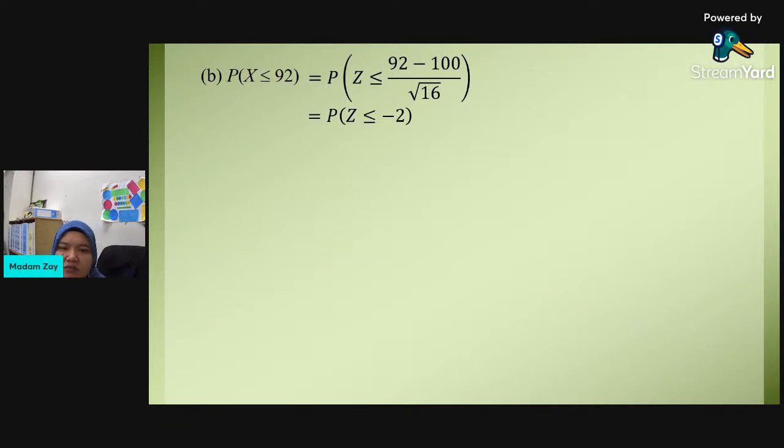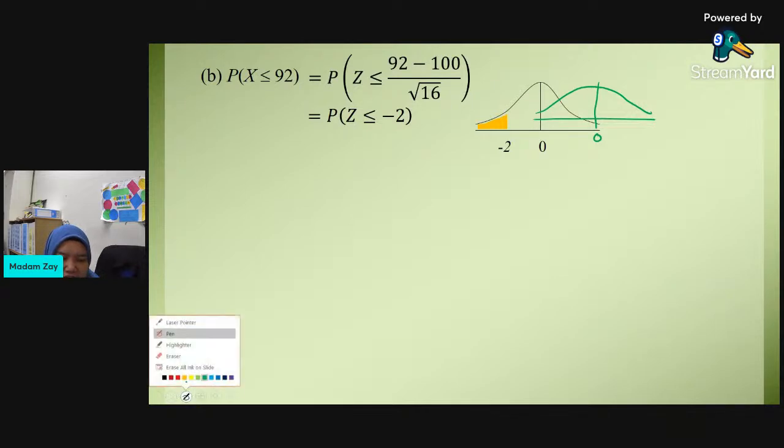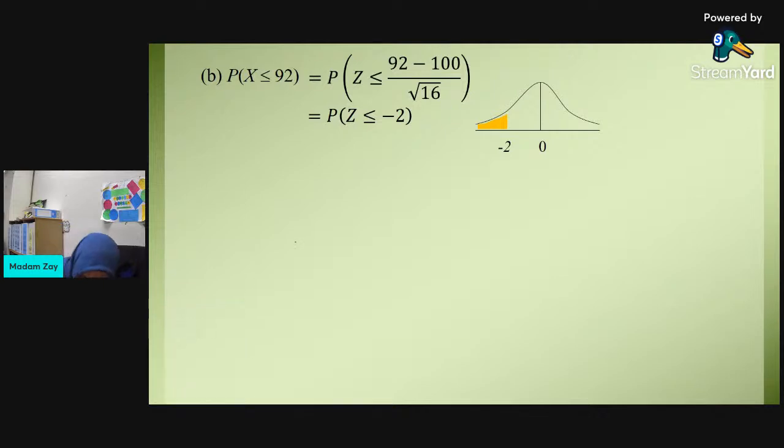So kalau dalam graf kita, bell shape ni, negatif 2 kat mana? Tengah-tengah ni kosong. Negatif 2 kat mana? Belah kiri kan? Belah kiri, betul. Okay, so boleh tak nak cari kalau belah kiri ni daripada table? Tak ada kan? Dia ada more than sahaja. So bila kita nak more than sahaja, maksudnya kita boleh buat apa?